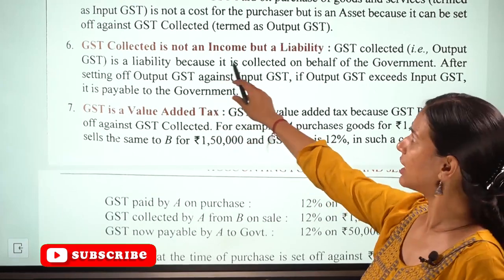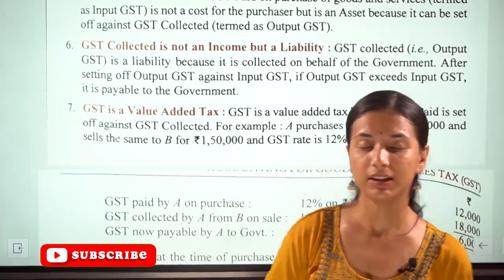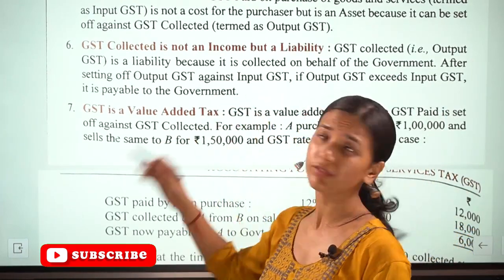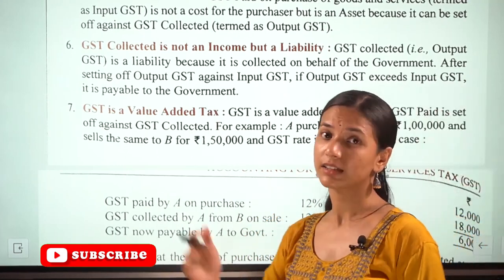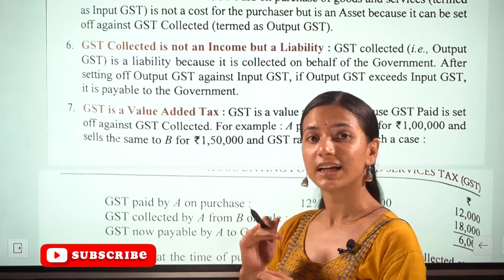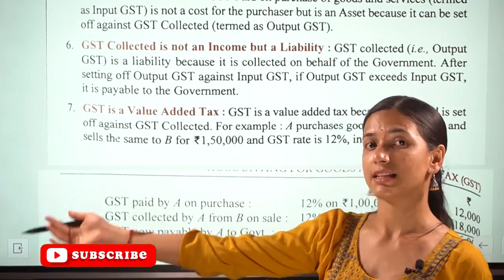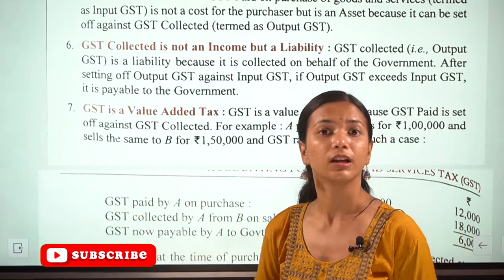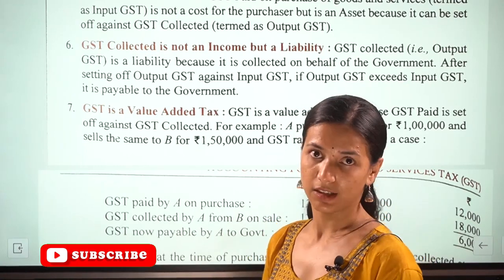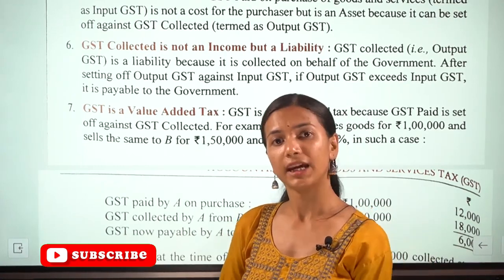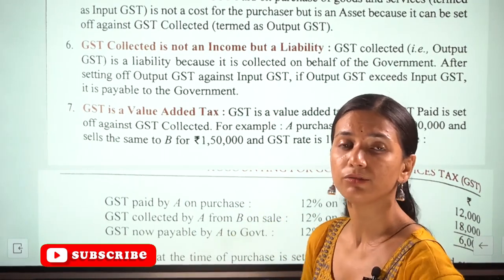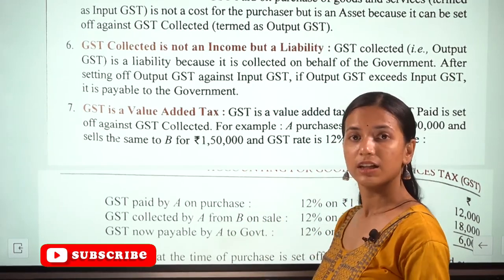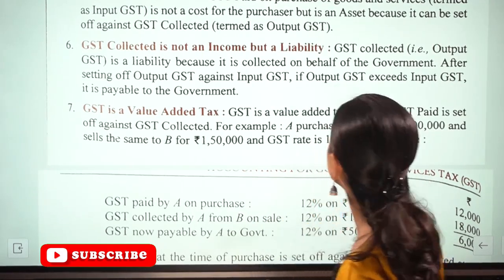Next we have GST collected is not an income but a liability. This one we already discussed. Whatever GST we are collecting from the customer has been paid by someone else, that is their money we are using. So that is your liability. But the GST that we already paid is your asset, because we can get back the amount whenever there is such a transaction.